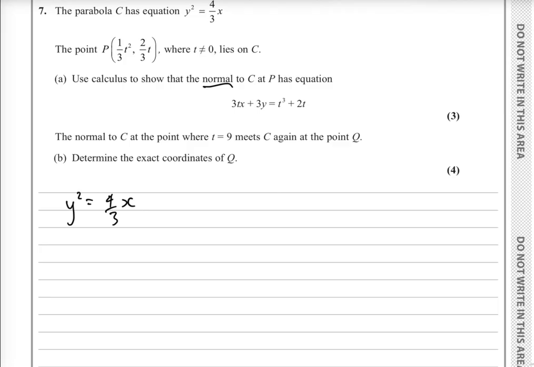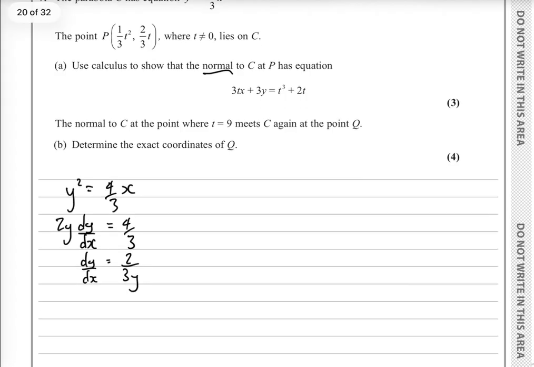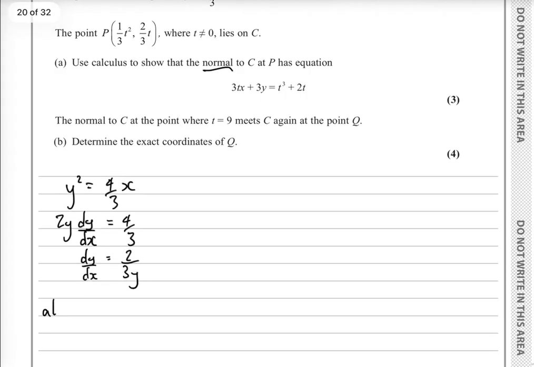Differentiating this, we get 2y times dy by dx. On this side, 4 over 3. So dy by dx is equal to 2 over 3y. Now at point P, dy by dx, we substitute in the y, and the y is 2/3 of t.